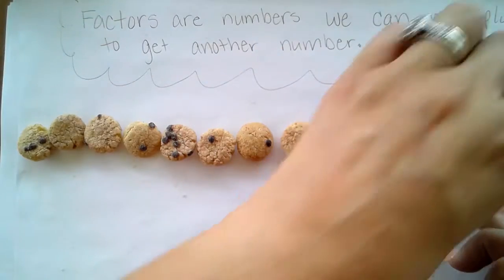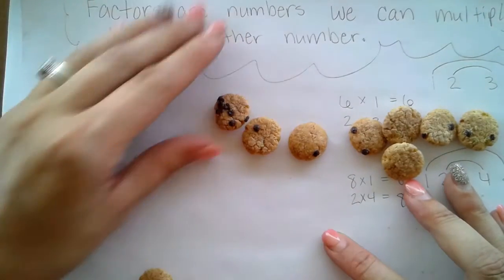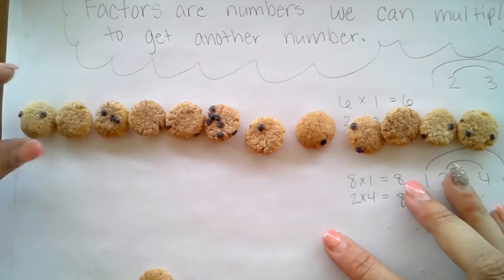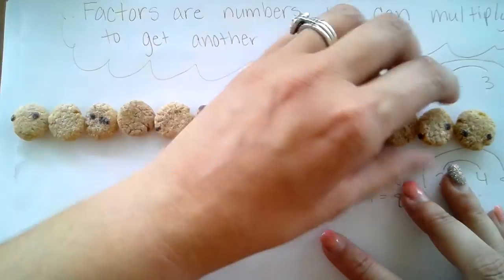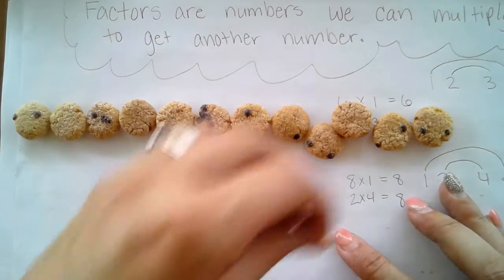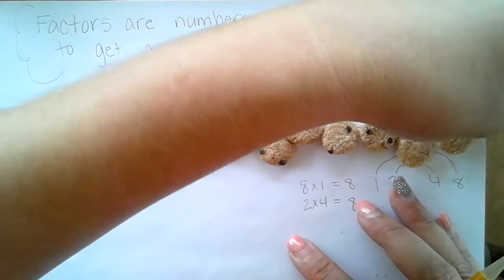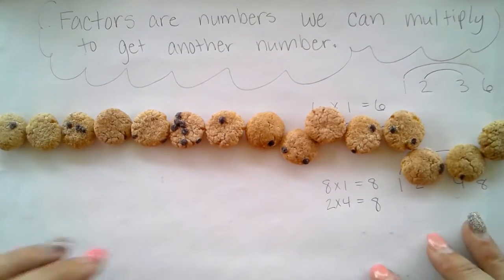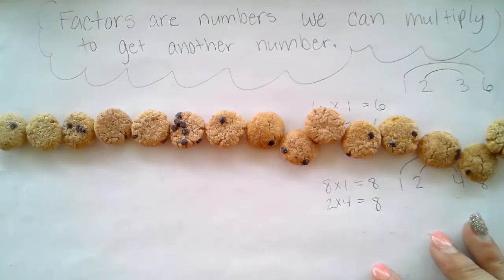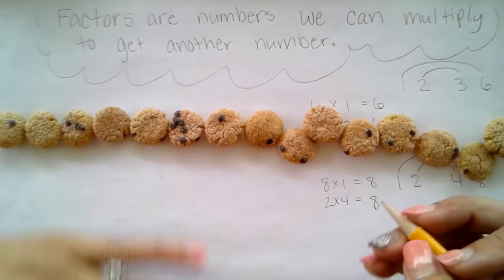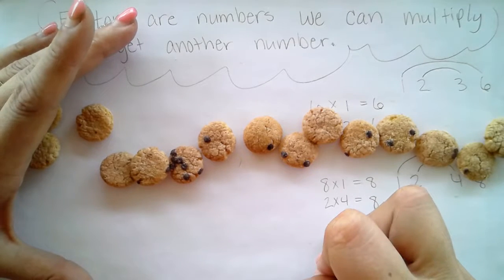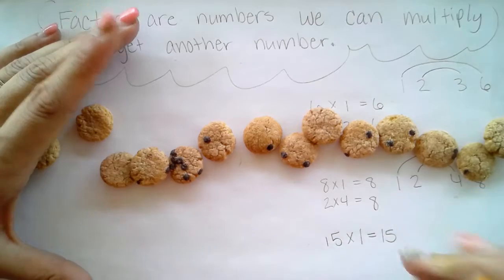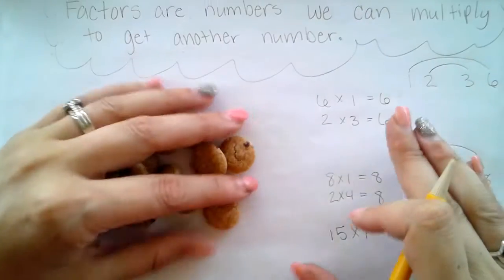So I know that my array can be the 1 times 15, if I can get them all to fit. It's not very straight, but I can do the 1 times 15. So I'm going to write 15 times 1 equals 15.